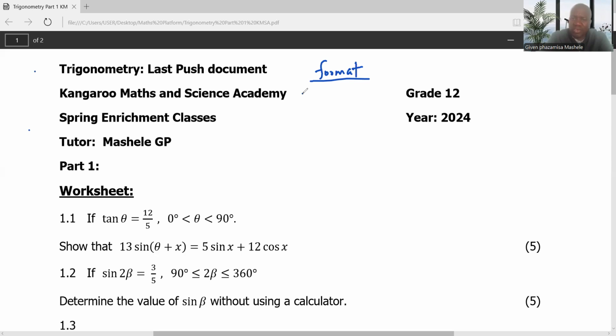Let's say question 3, question 4 and question 5. It's just an example. In question 3, they're just asking all the grade 11 concepts, and also the grade 12, particularly on the double and compound angles.